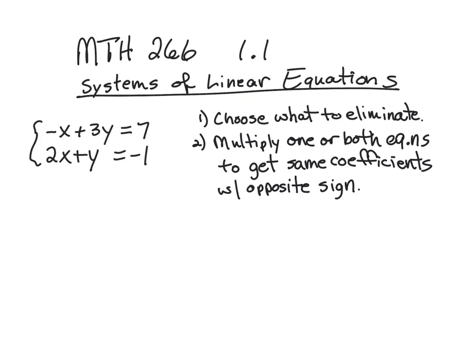So once we multiply one or both equations by whatever number is necessary to get one of the coefficients of one of the variables to be the same number but the opposite sign, then we can combine the equations to eliminate that variable.